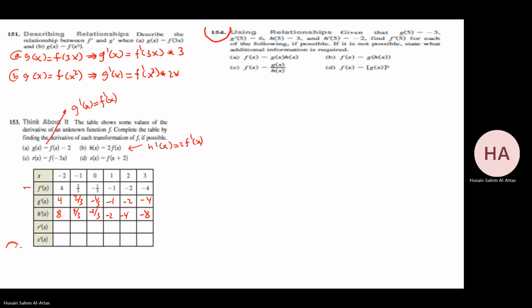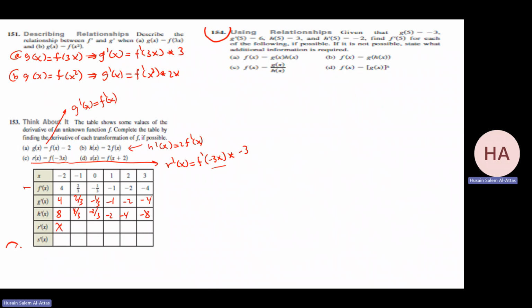Okay. This one, r prime of x will be f prime at minus 3x times minus 3. But be careful. Now, if I need to find r prime at minus 2, I need f prime at 6, which is not available.